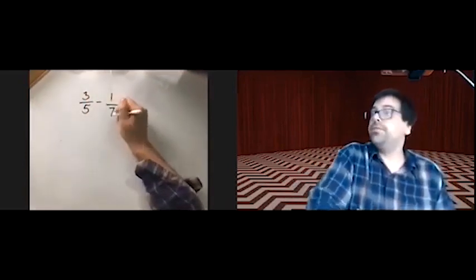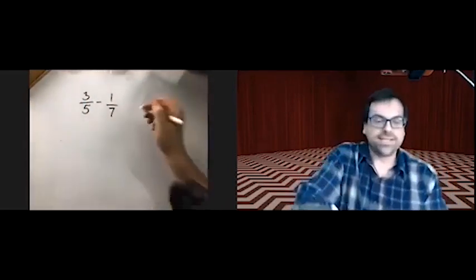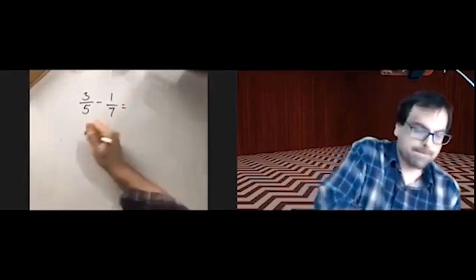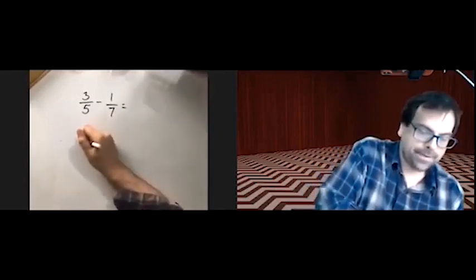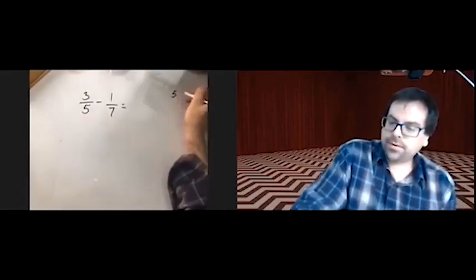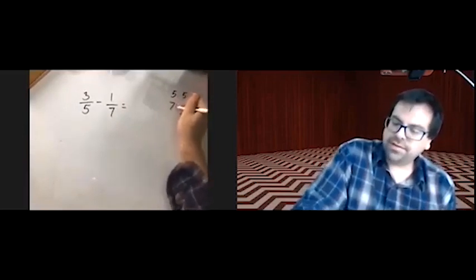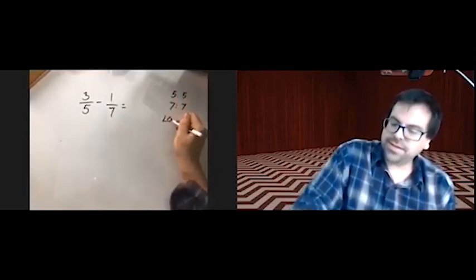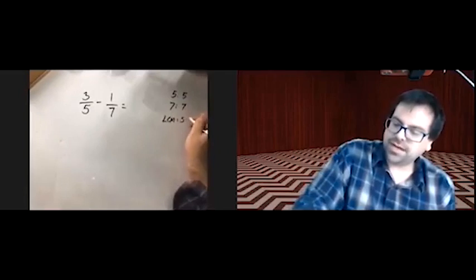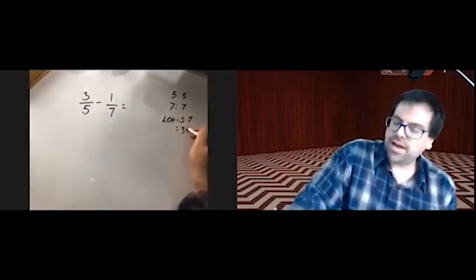Let's take a look at 3/5 minus 1/7. Five is just 5. 7 is just 7. So the least common multiple is just 5 times 7, 35.